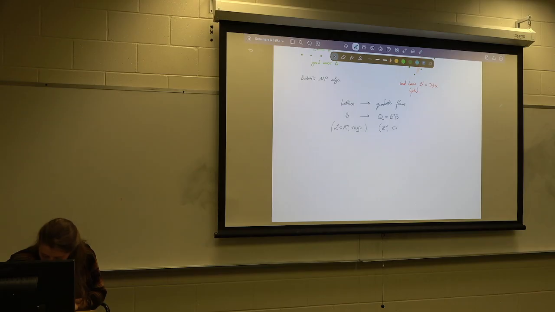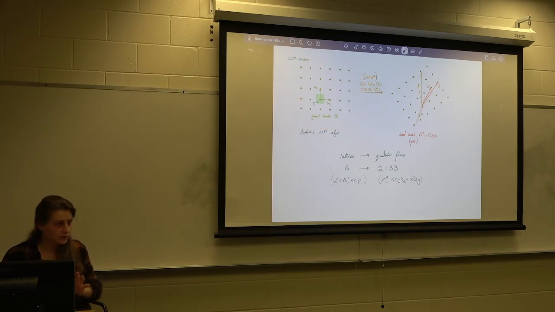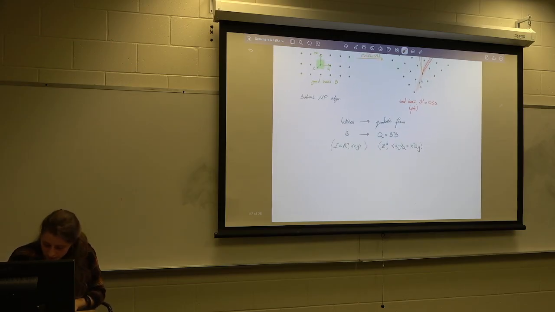And now the geometry of my object is captured by the inner product, which is with respect to the quadratic form. So basically I'm abstracting away the exact embedding of my lattice into Euclidean space, and I'm only capturing the geometry. So instead of representing it here, I represent it here.